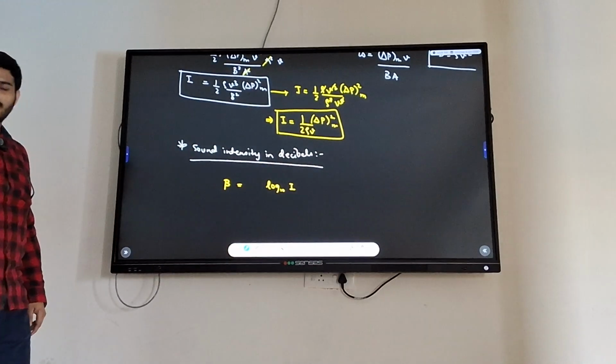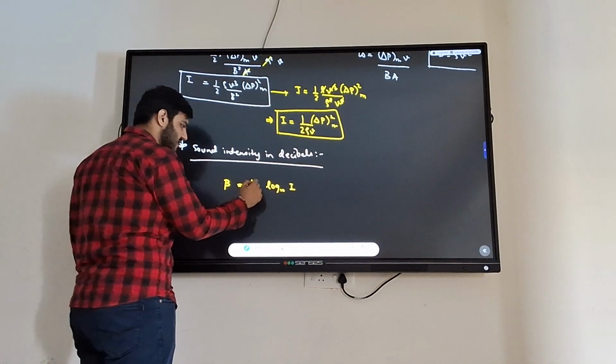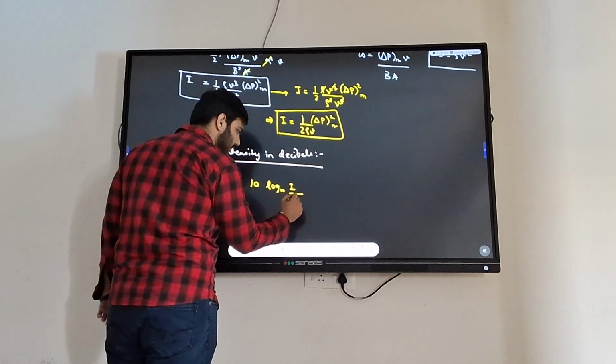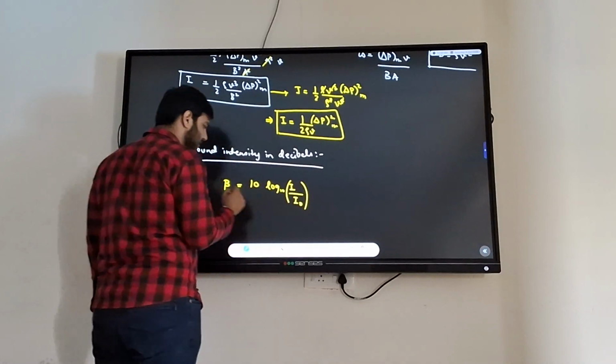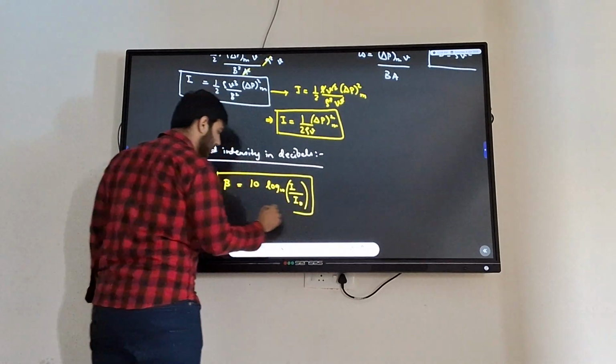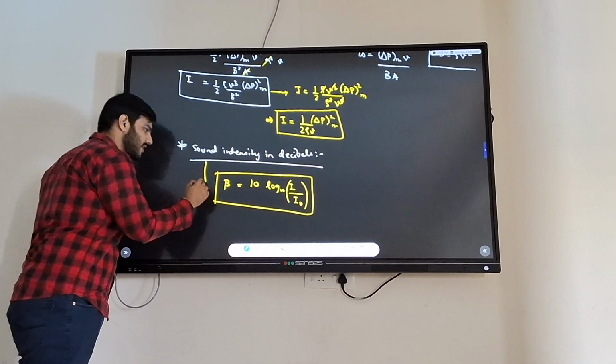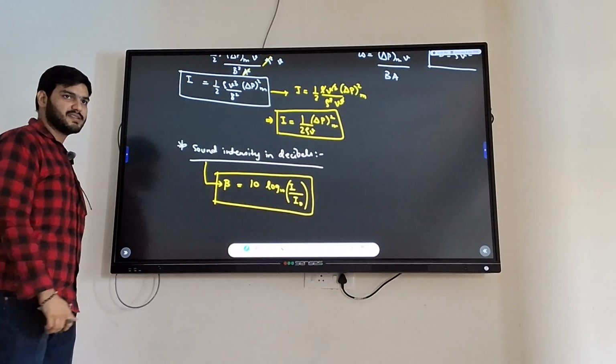Yes, but let me put a factor of 10 in front of it, and I am going to take a reference value, let's call it I0, and this is the formula of sound intensity in decibels. Yes, dB.